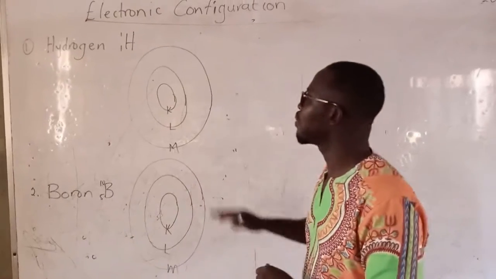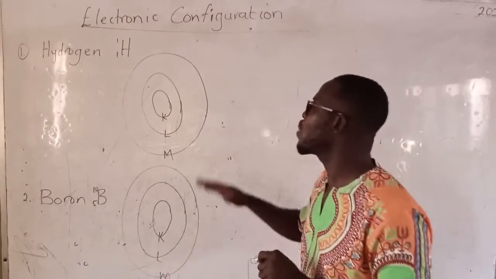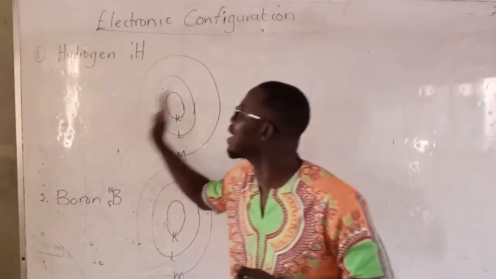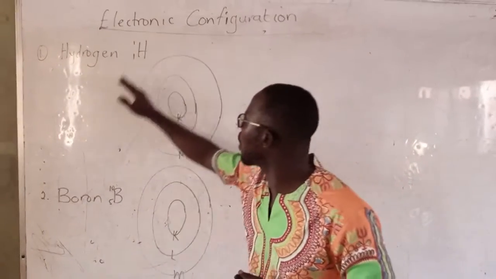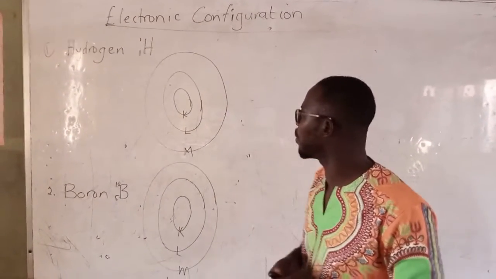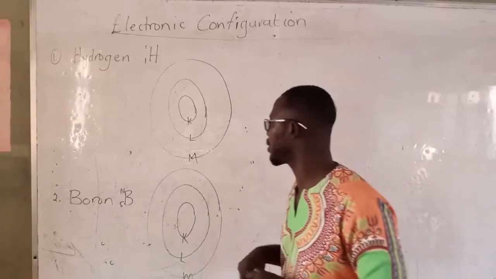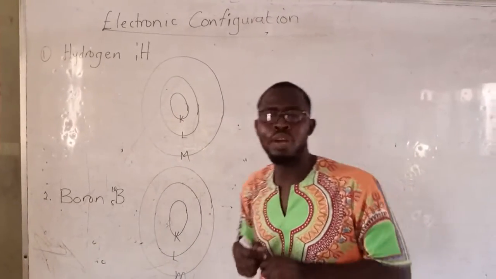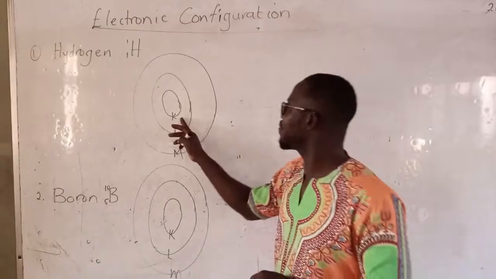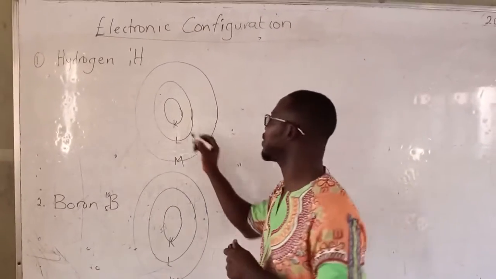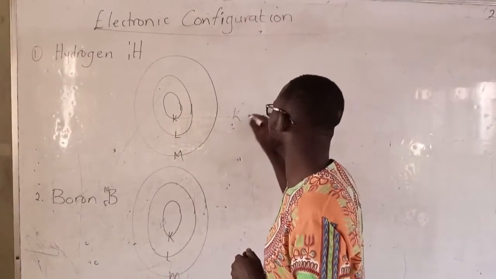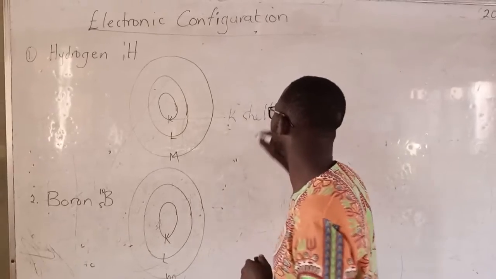Right, now electron configuration: we are going to arrange the electrons in the shell or the orbit. So what you have to know first is that the first shell is called the K shell. I want you to note it, the K shell.